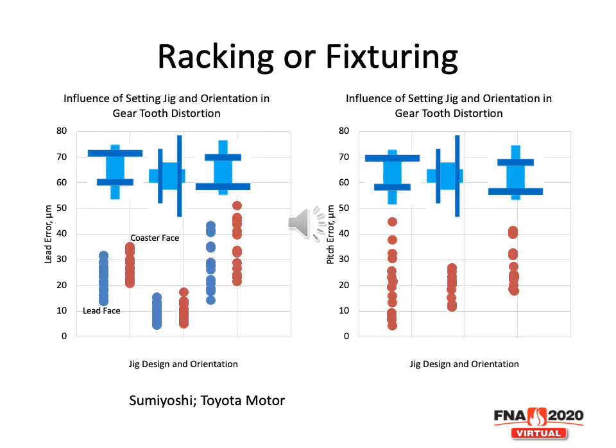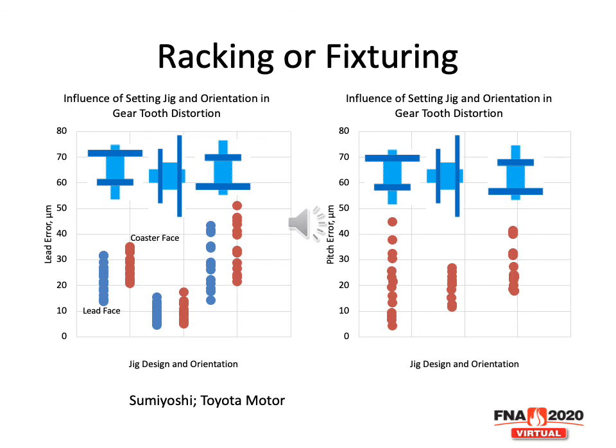For racking or fixturing a part, the method in which the part enters the quench can make a big difference in terms of the resultant distortion. Here was a study done at Toyota on some gear teeth that were quenched in different orientations.